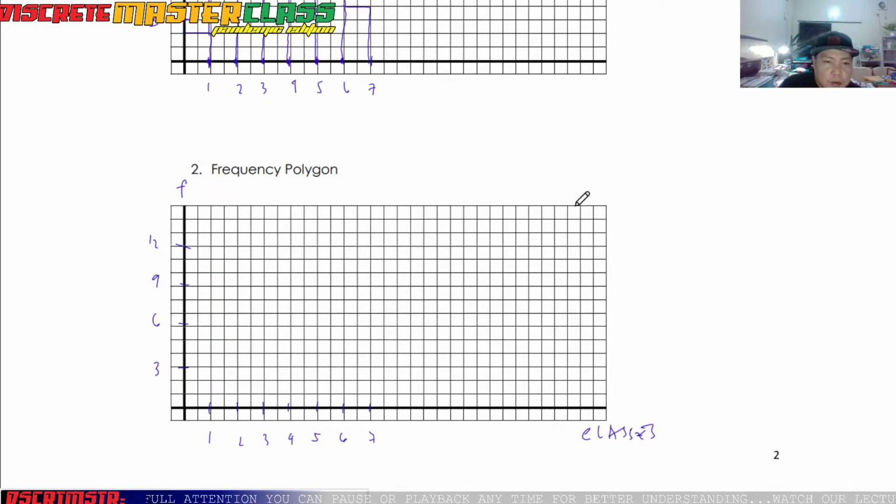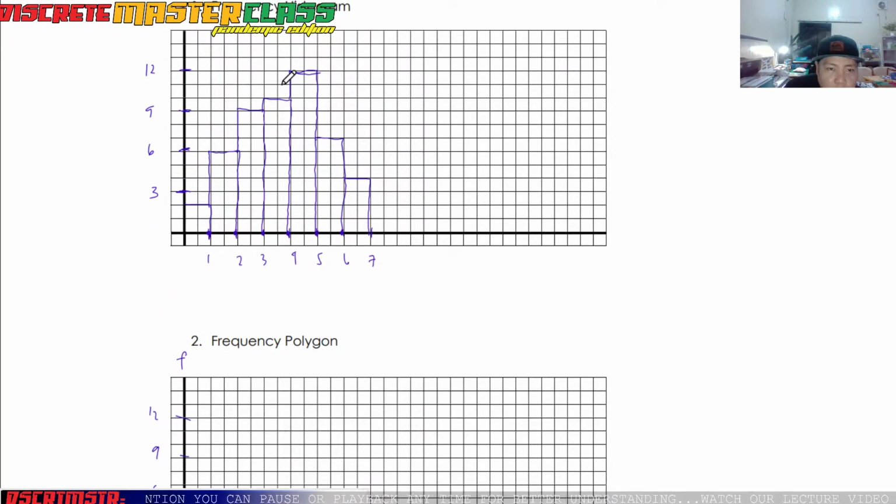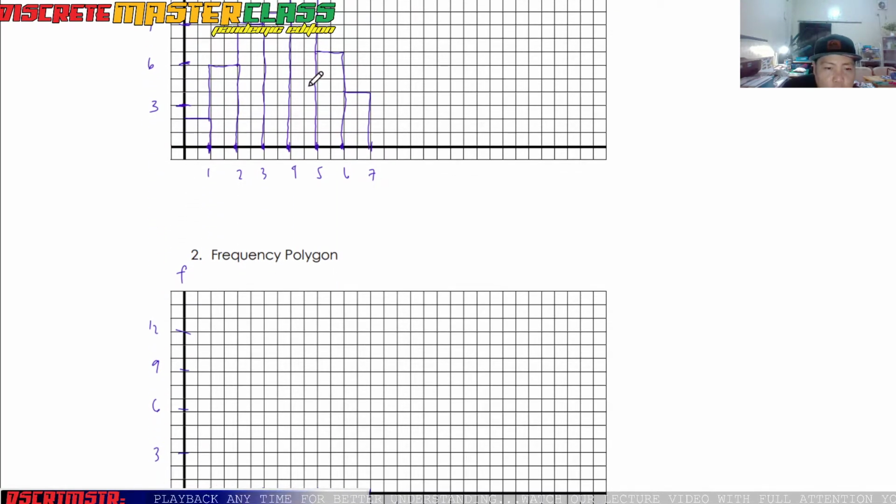Okay. Now, gawin ko na lang guide yung aking frequency histogram, hindi Instagram histogram, para mabuo yung frequency polygon. So dito ko magtutuldok. So sa class 1, ang frequency niya ay 2. Tapos ang second class niya ay 6.